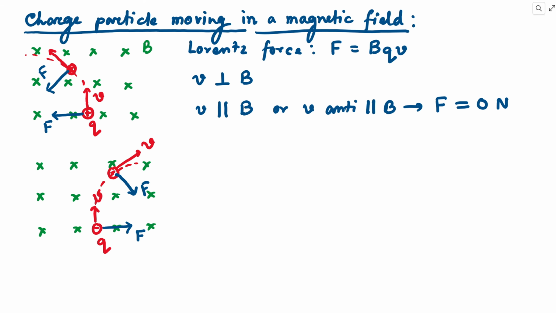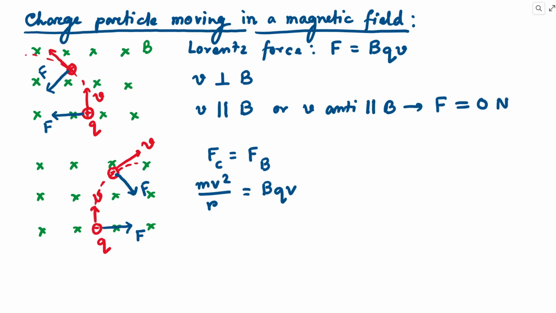And the required centripetal force to follow a circular trajectory in this case is given by the Lorentz force, the electromagnetic force. We know the required centripetal force is mv squared over r, and in this case, the centripetal force which is provided by the Lorentz force is bqv.